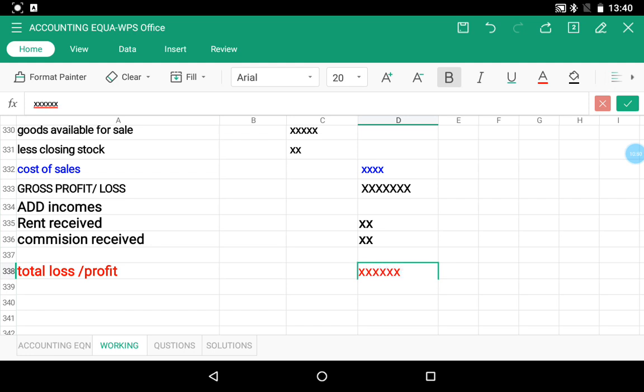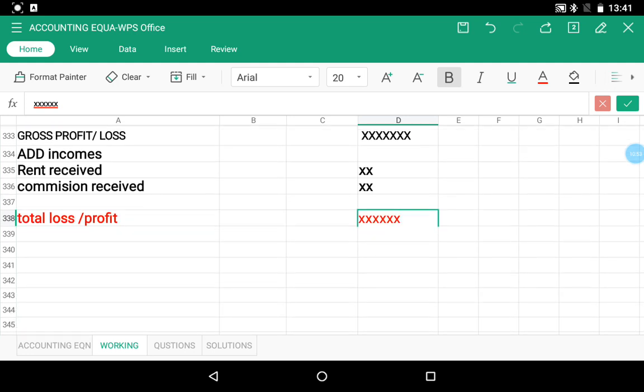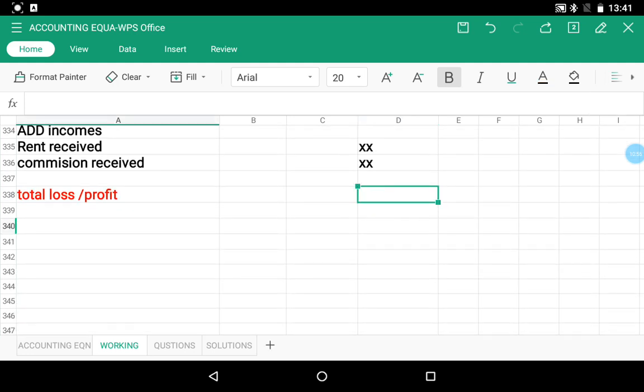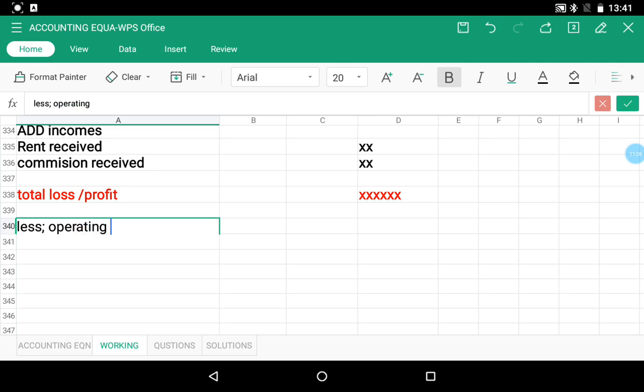Then after getting that one, we shall come and less operating expenses.